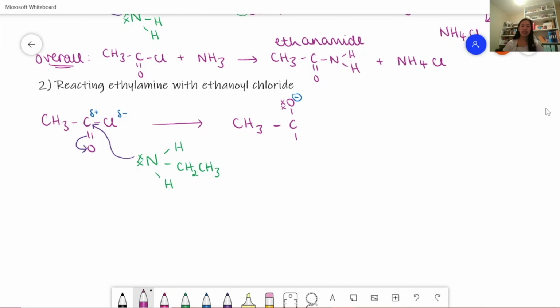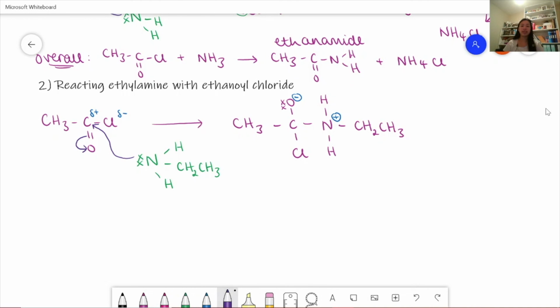And then we have a single bond to the chlorine, and now we have a bond to this ethylamine. So we have a nitrogen with a hydrogen and another hydrogen and an ethyl group. And now we need to remember again that this nitrogen is positively charged because we've given away some electrons.